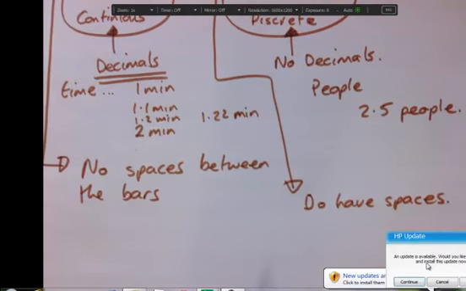So obviously the fact that there's no spaces between the bars means that everything is included, all the decimals, all the nitty gritty, the accuracy is really there. But over here, when we say bar charts do have spaces, that means that we're not including the decimals, so we're just dealing with really whole numbers.